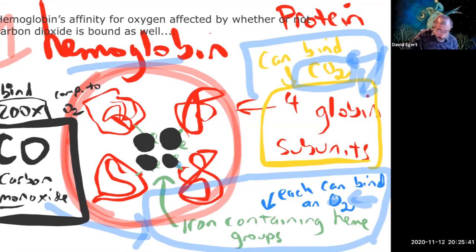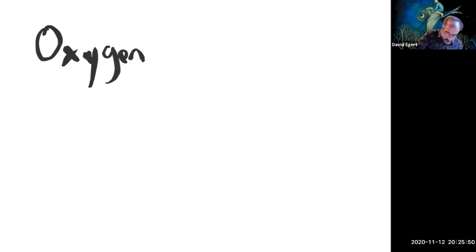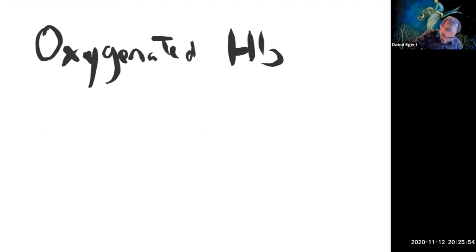Ironically, oxygenated hemoglobin is bright red.